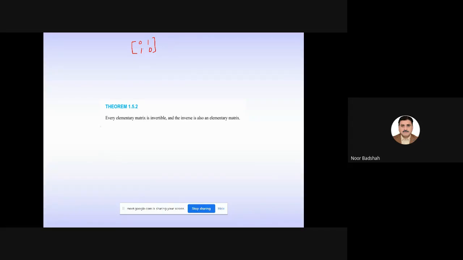Now if you want to find the reduced echelon form of this matrix, what would you do? You would simply apply one operation, row number 1 and 2, and that gives you 1 0 and 0 1, which is the identity matrix.